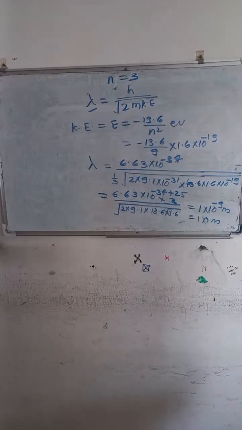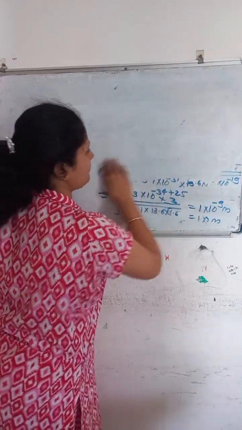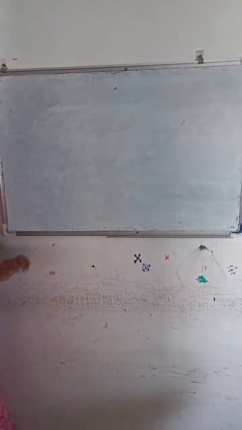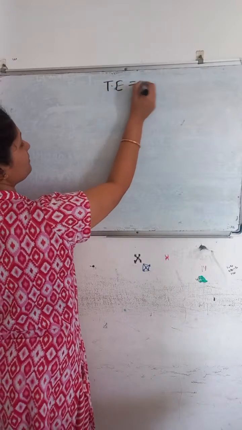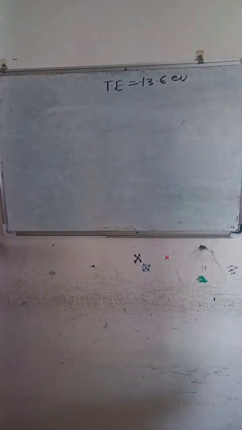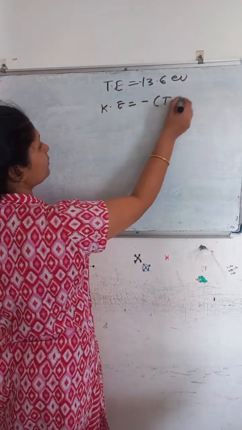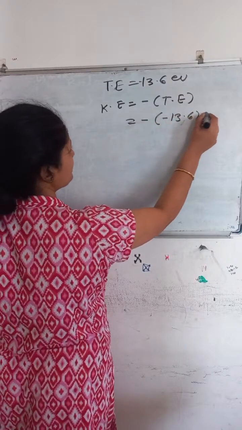In the last session I gave the relationship between these. Here the total energy is given, that is minus 13.6 electron volt, and kinetic energy is nothing but minus the total energy. So kinetic energy is minus of minus 13.6, that is plus 13.6 electron volt.